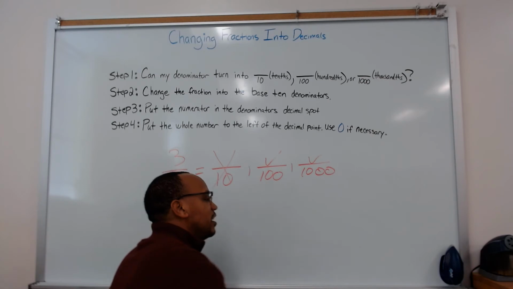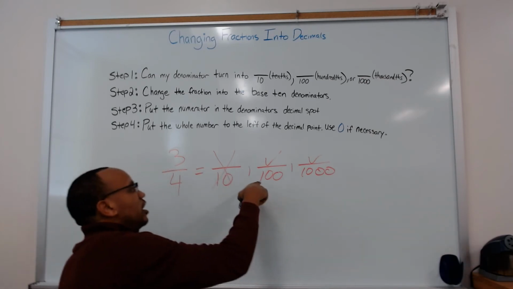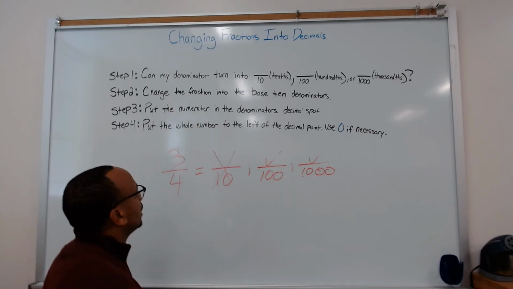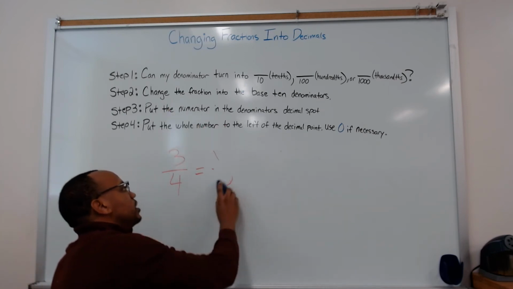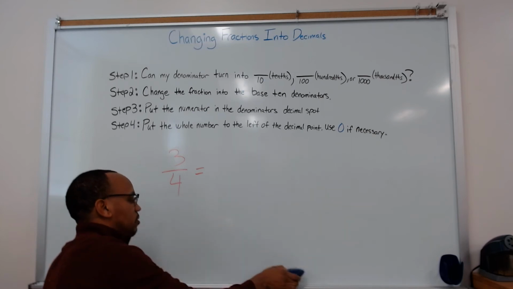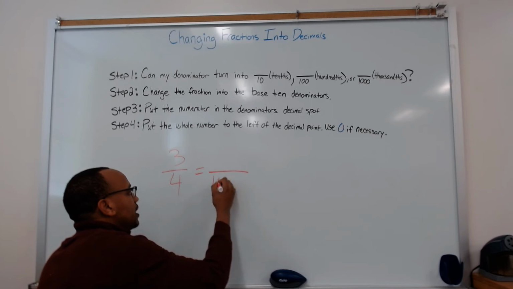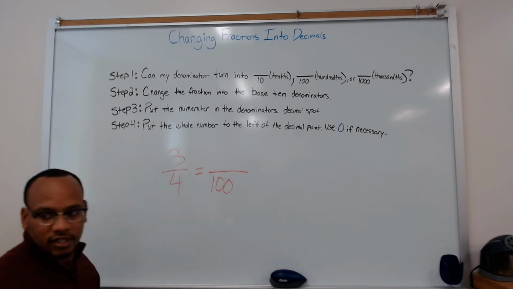All right, so for this example, I can turn it into hundredths or thousandths based on step 1. So I'm going to use hundredths since I used tenths on the last one. I'm going to turn 3/4 into hundredths.